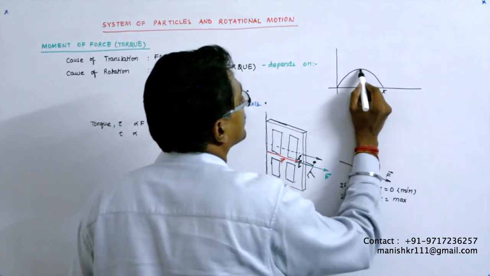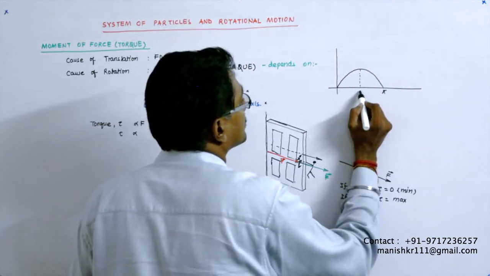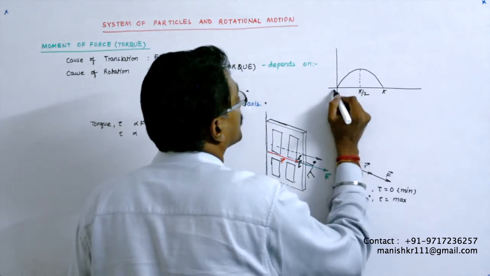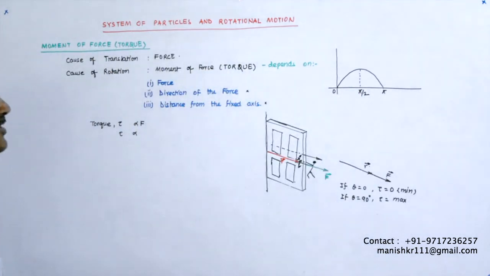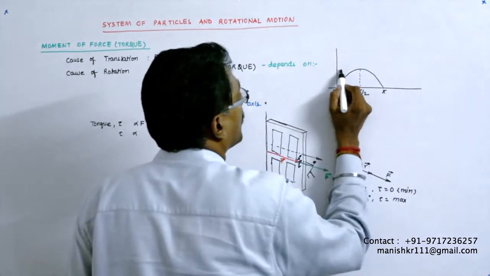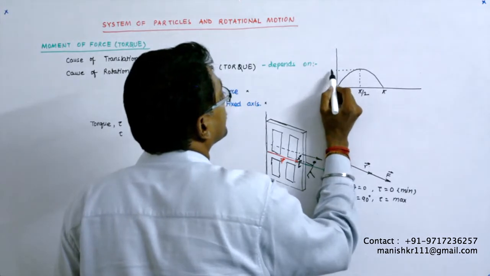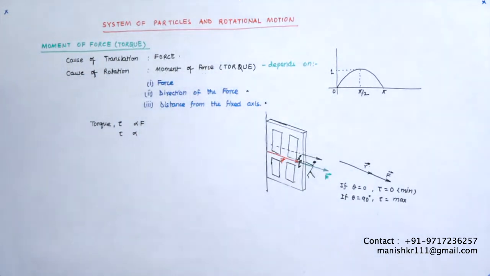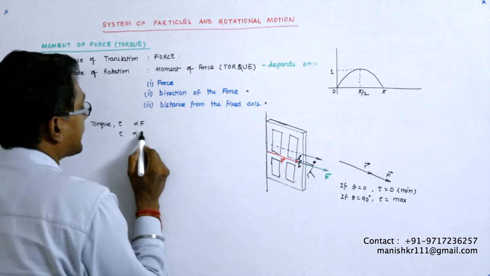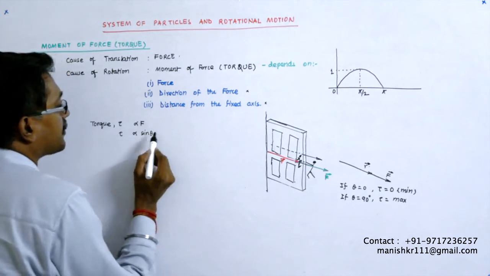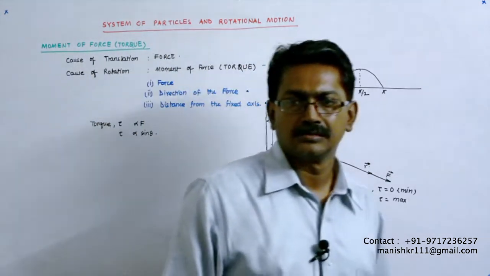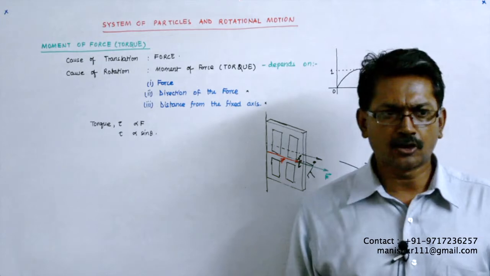This is pi, this is pi by 2, this is 0, and this is 1. So it takes a maximum at theta equal to pi upon 2. We get that point. So somehow it seems to be directly proportional to sine theta. You get the logic?